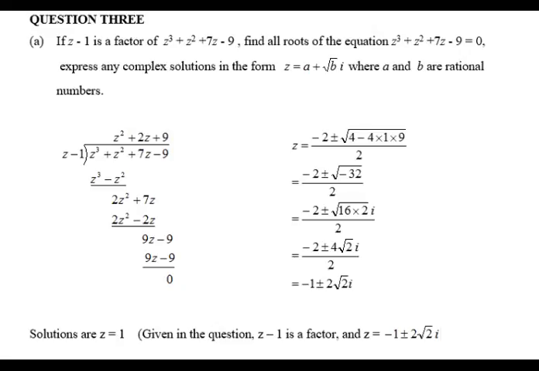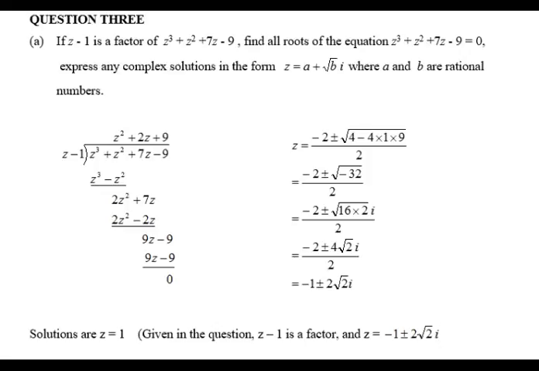Now when we're simplifying this, make sure you're okay to get from the square root of negative 32 down to 4 times square root 2i. That's sort of the key to this thing, because that's where we get the a plus bi into it. The next thing I have to do over here is just be careful with my cancelling, and the negative 2 plus or minus 4 all over 2 cancels down to negative 1 plus or minus 2i.